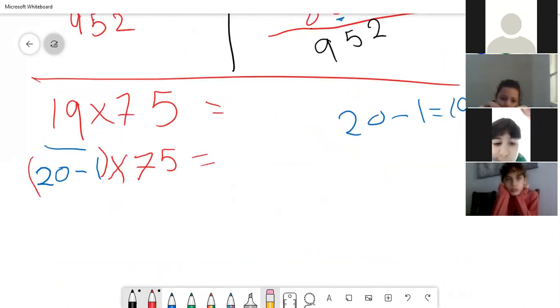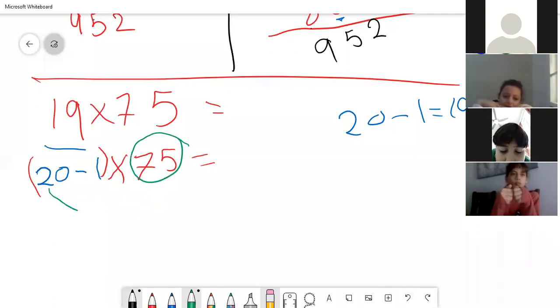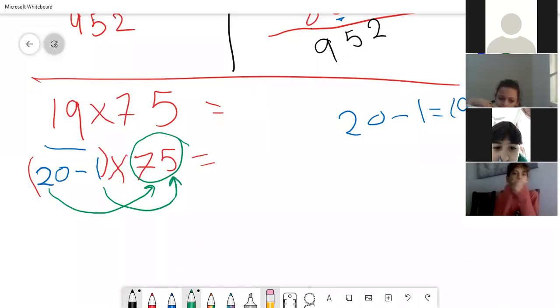We are going to multiply the 20 by 75 and the 1 by 75, by the whole number. Okay? And then we subtract because we have subtraction here.